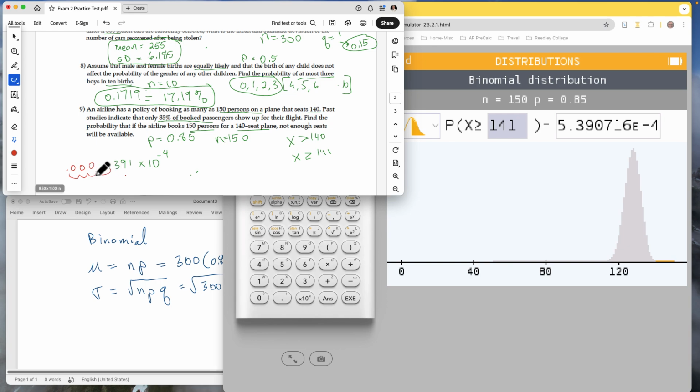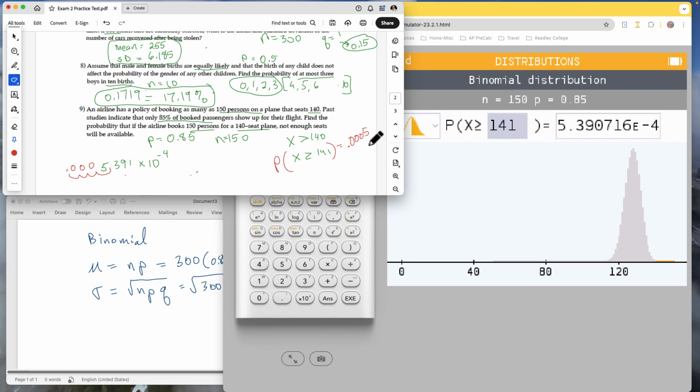They don't tell us how many decimal places, but we've been using 4, so we would say the probability that X is greater than or equal to 141 would be 0.0005.